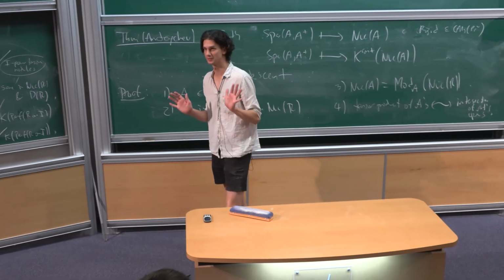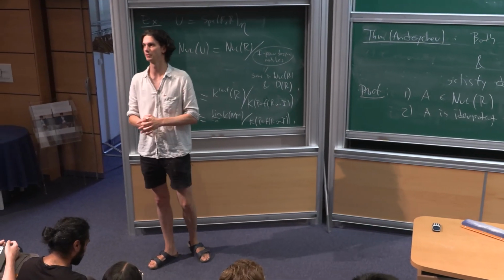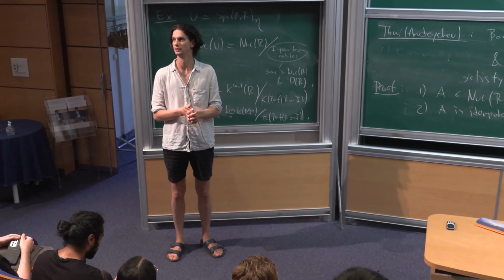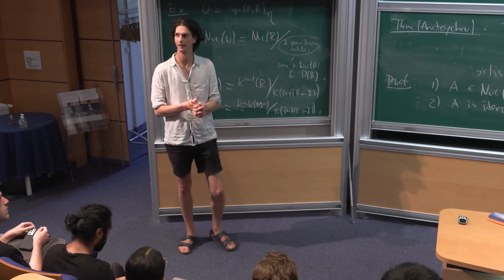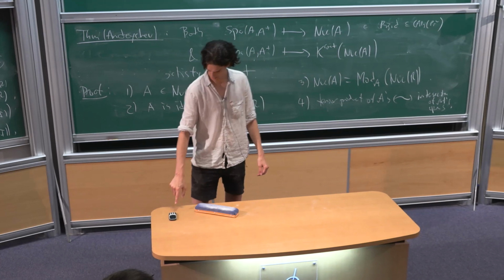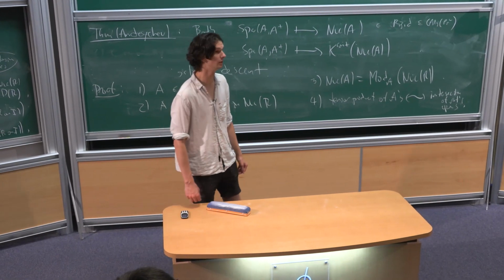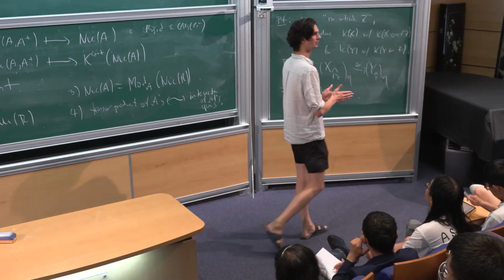Okay, other questions? Can you deduce pro-excision this way? I don't know what pro-excision is. Like Milnor excision. Never thought about it, yeah. But for Milnor squares, we don't have excision in K-theory in general.